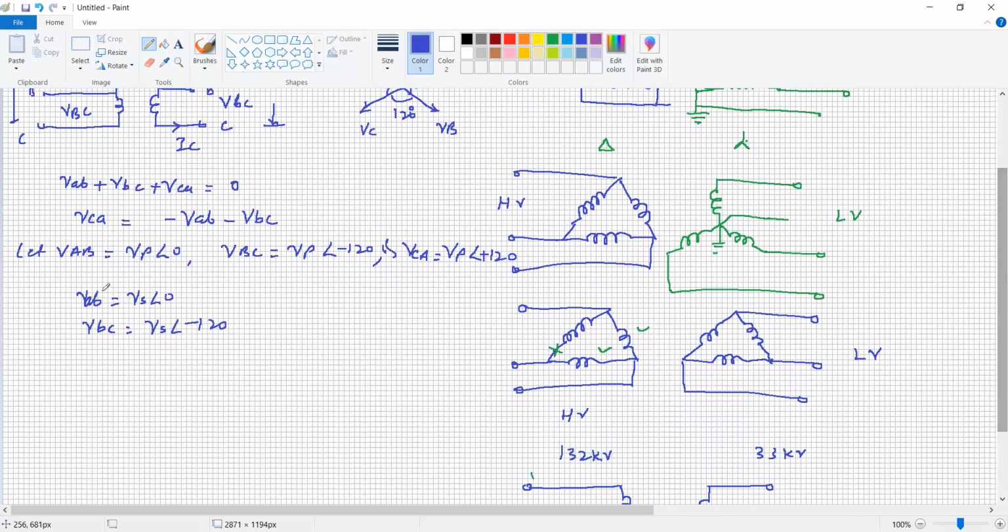Okay, so if you put in the third equation, that is VCA, it is equal to minus Vs at an angle of 0 minus Vs at an angle of 120 degrees.